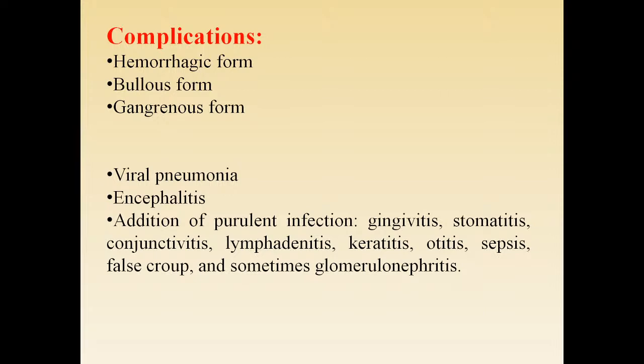Bulbous form is the formation of very big vesicles. And gangrenous form is characterized by purulent inflammation, formation of abscesses and deep ulcers.